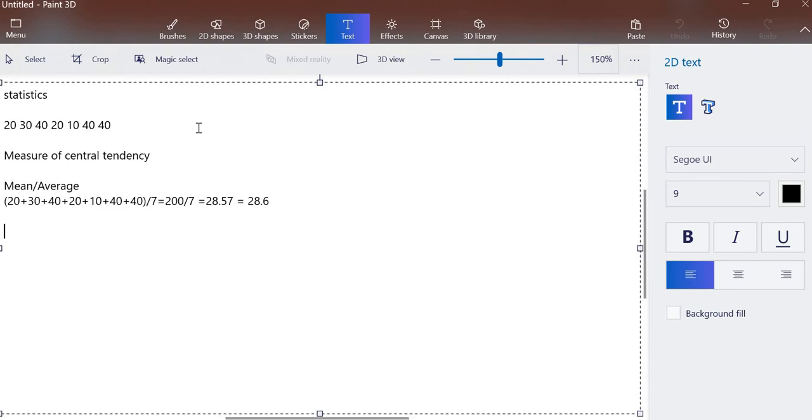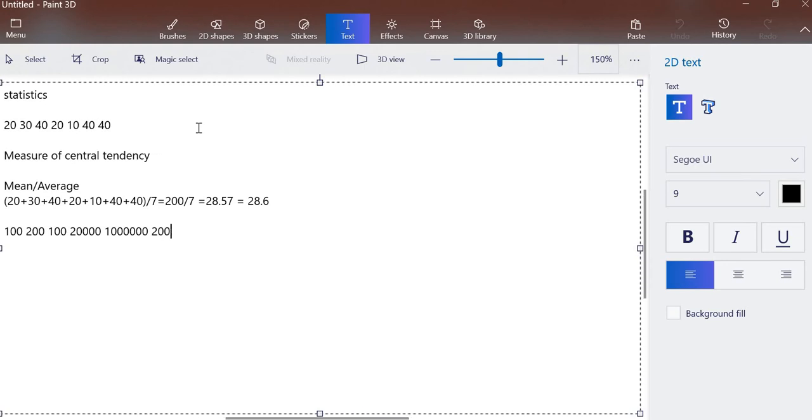Now, let's say we have 6 people and we have the salary of those 6 people. Let's say the salary is 100, 200, then another 100, then one person is 20,000, another one is 1 million, another one is 200.